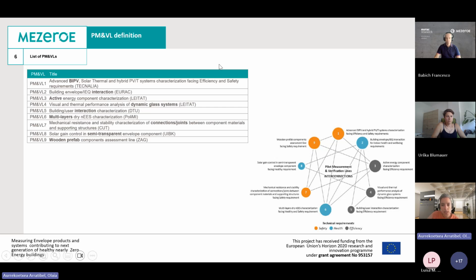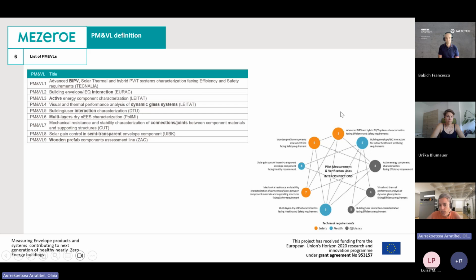So as I previously said, we have defined 9 testing facilities. Each of them, or pilot measurement and verification lines, is managed by a different laboratory, except for LEITAT, that is responsible for 2 pilot lines, but focused on different envelope products.